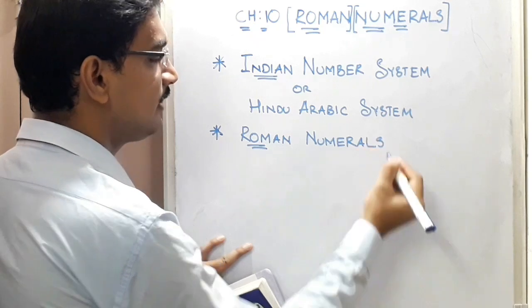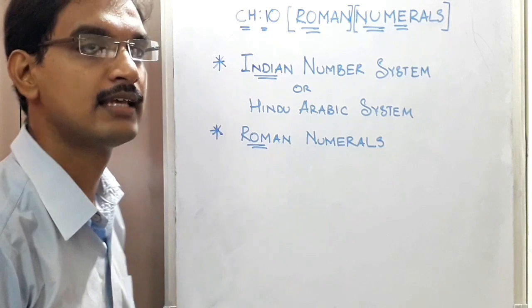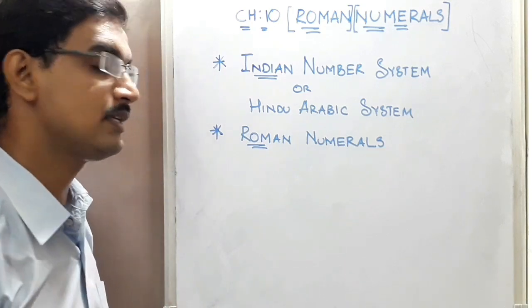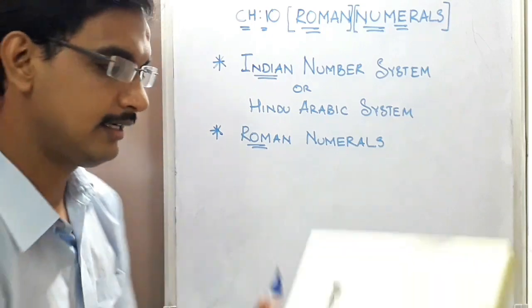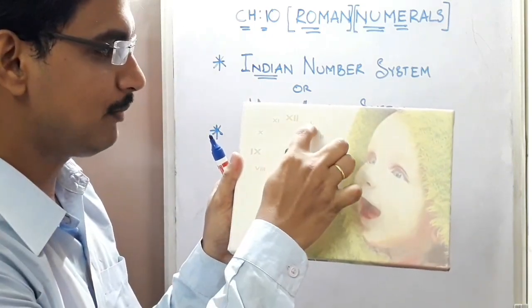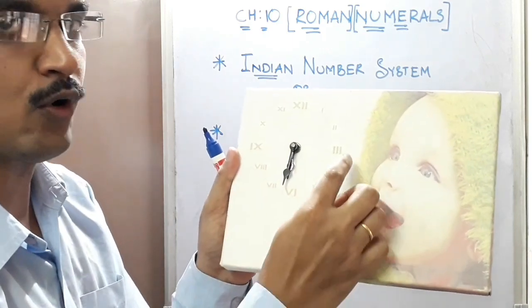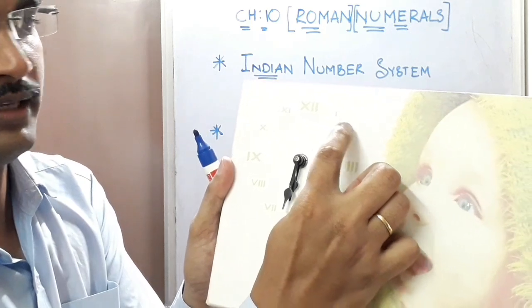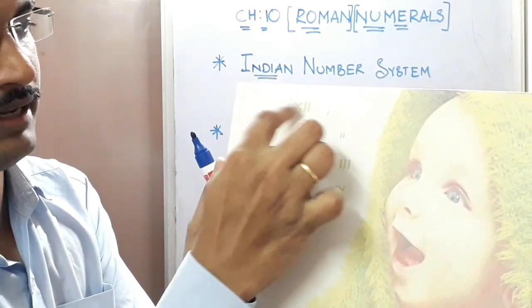Then why did the need to learn Roman numerals come to us Indians? If we observe some of our daily things, for example, take this wall clock. The numbers on this wall clock are all Roman numerals: 1, 2, 3, 4, 5, 6, 7, 8, 9, 10, 11, 12.